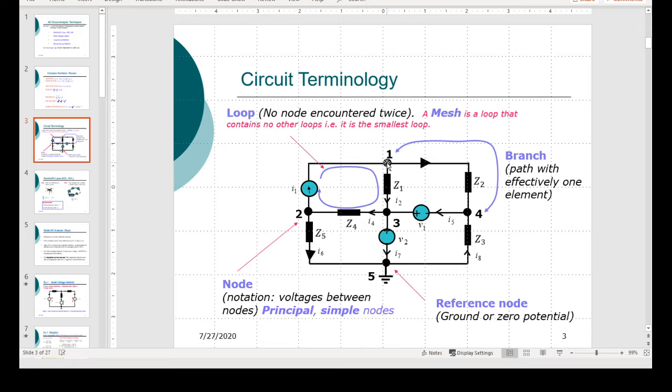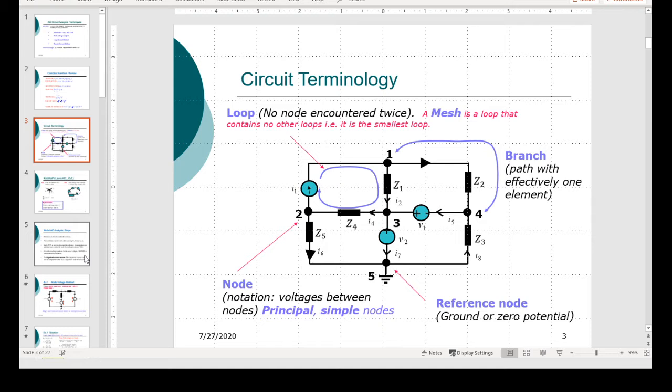What is the voltage at that point, and so on. Now, analyzing this circuit to get the values of those various quantities is what circuit analysis is all about.